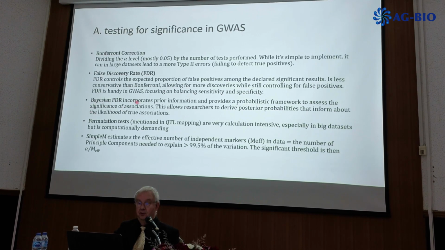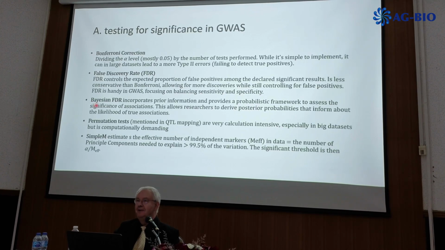And then what I will not discuss in detail because it's very complicated: people use more and more Bayesian statistics in these statistical approaches, and there is also a Bayesian alternative for the false discovery rate. I don't know how many of you got Bayesian statistics in statistical class. I see some of you starting to laugh.